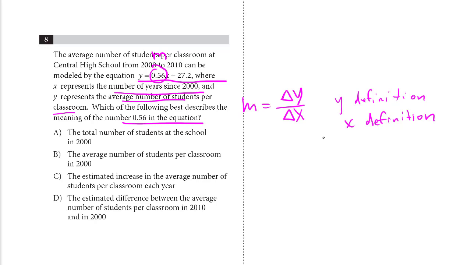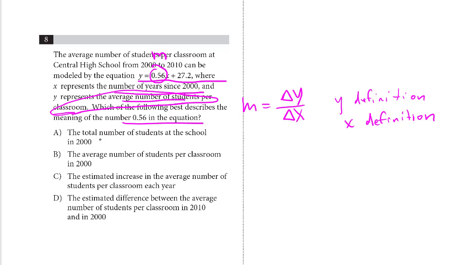So once you define your y and x clearly, you want the change in the y. In this case, that's the change in the average number of students per classroom. And the way the correct answer is always going to be worded, per unit change in the x variable. Well, the x variable is the number of years since 2000, so the wording should be per year, annually, something that suggests 1 unit change in x.